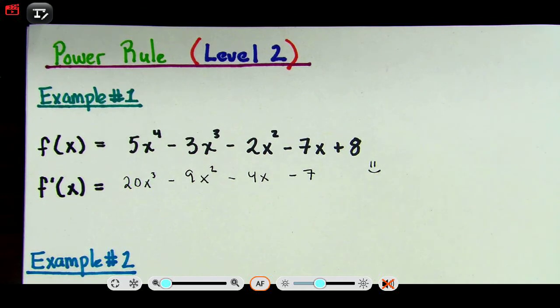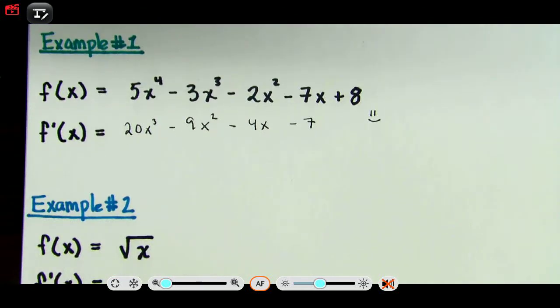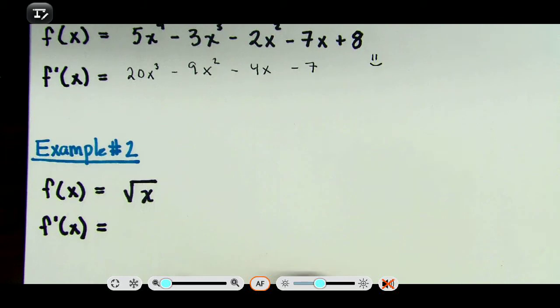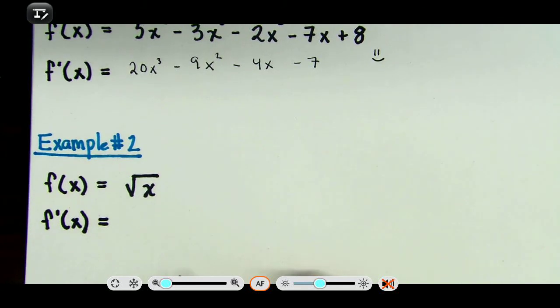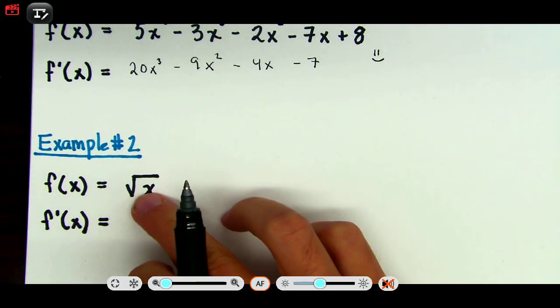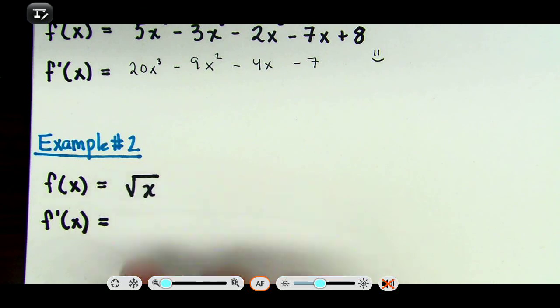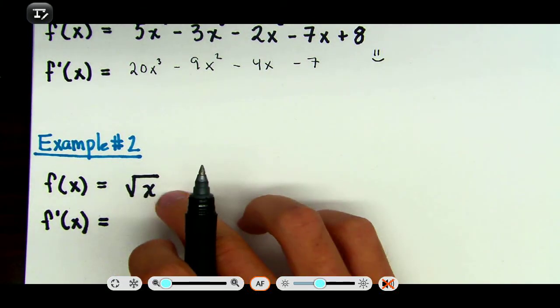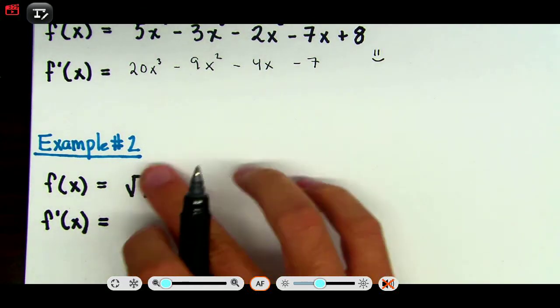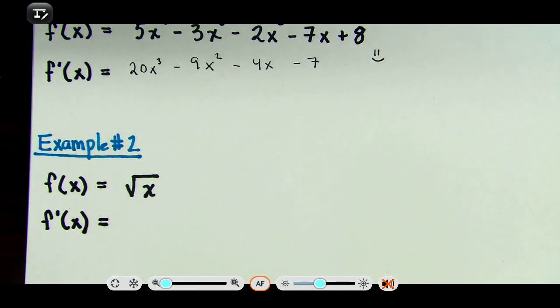So here the idea is, for this lesson, how do we find the derivative of some sort of function with a radical, the cubic root, and all this kind of jazz? So here, how do we actually find the derivative of this type of function? Okay.